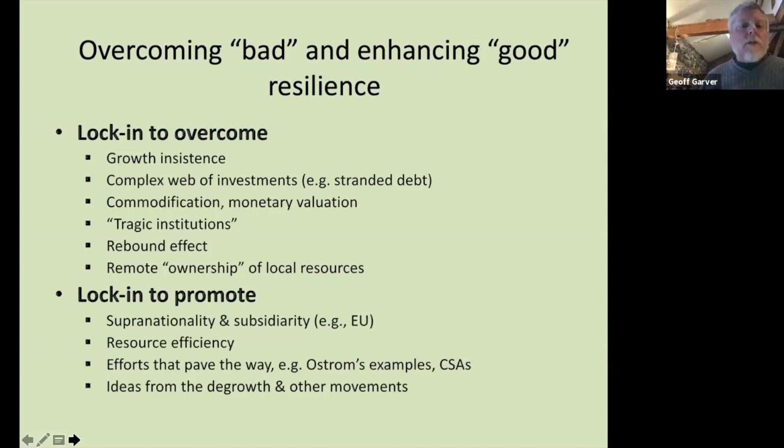These are systems features that either exhibit good or bad resilience, depending on your perspective. Some kind of things we want to promote. You know, the idea of local governance, or the focus on place-based governance is involved in things like subsidiarity and supranationality to deal with issues that require interventions at a higher level, like climate change.